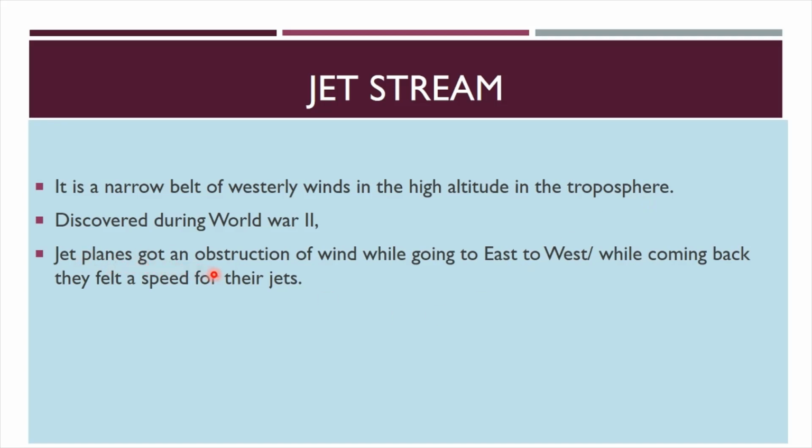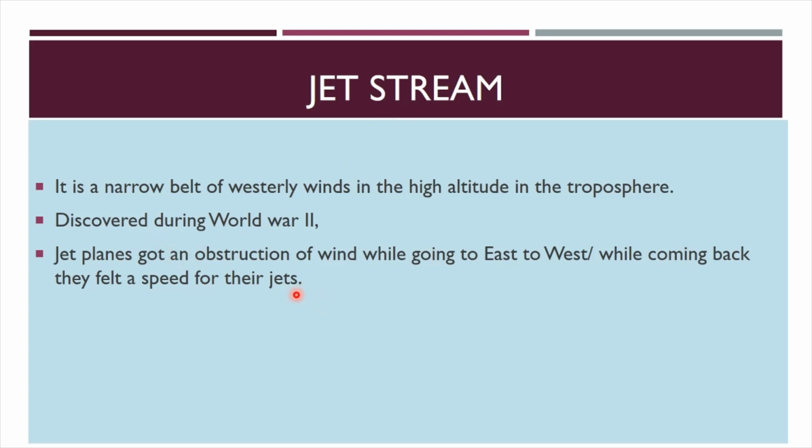Jet planes met an obstruction of wind while going from east to west. But while they came back, they got a very high speed for their jets, so they wondered why it was so. While going from east to west, they met an obstruction at high altitude in the troposphere. As the jet plane moves, there is an occurrence of wind and a disturbance of wind, so they gave this name, jet streams.